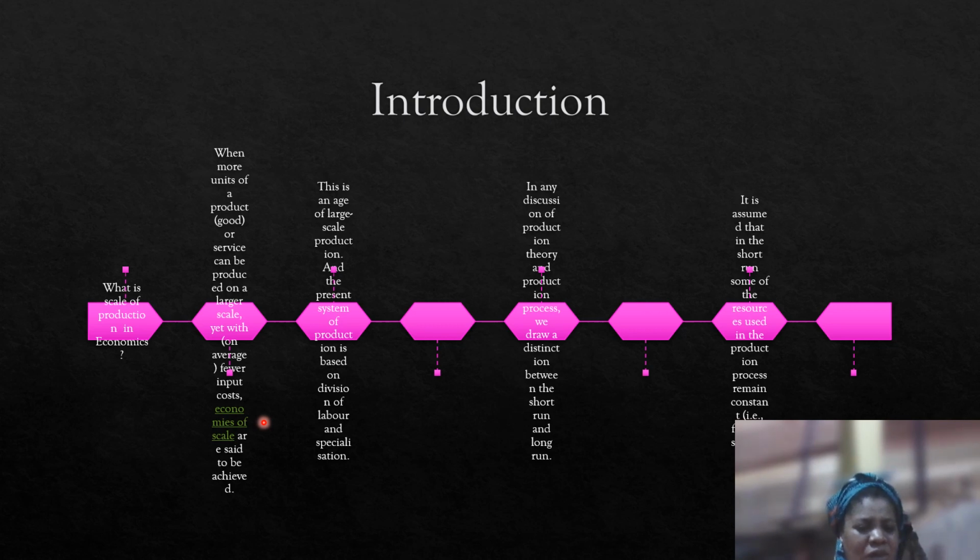So I produce a sandal in a large quantity, but with less cost.